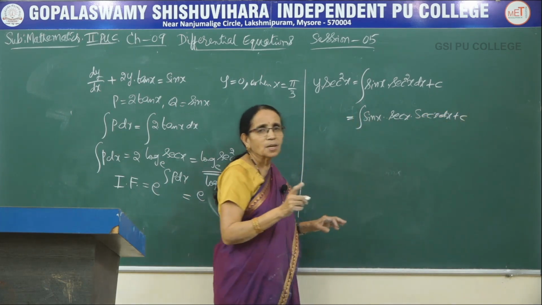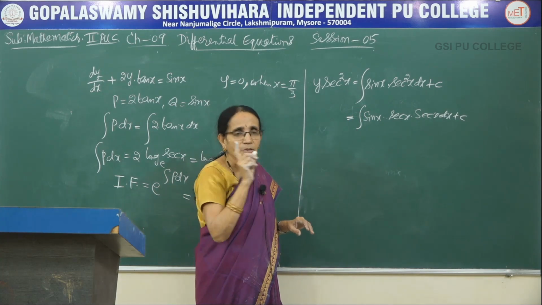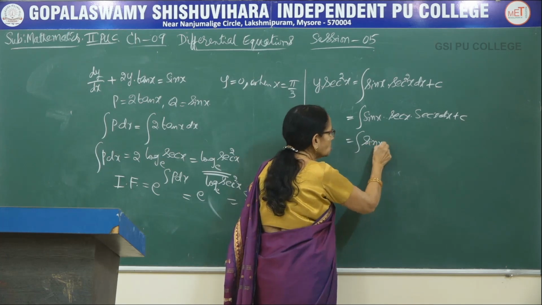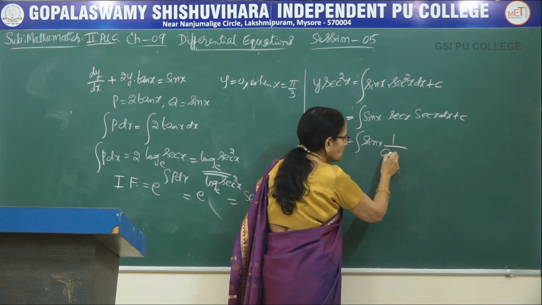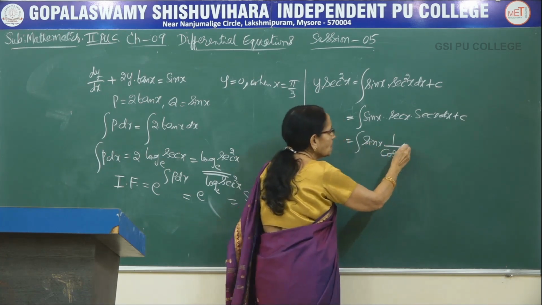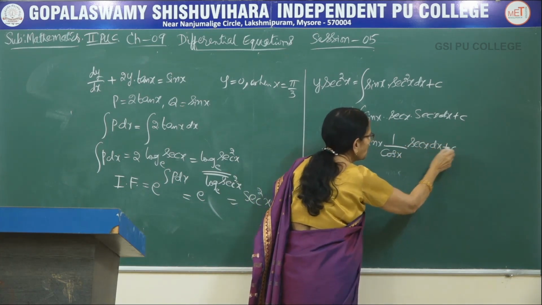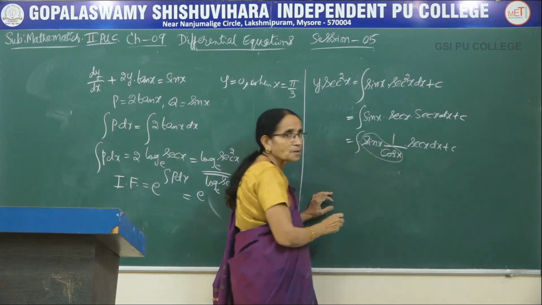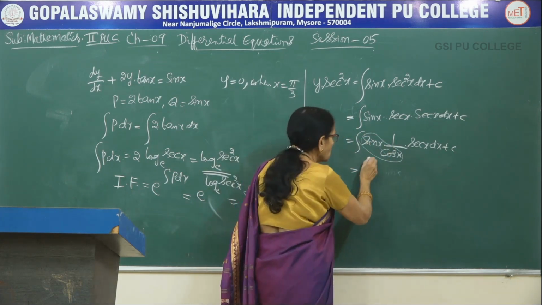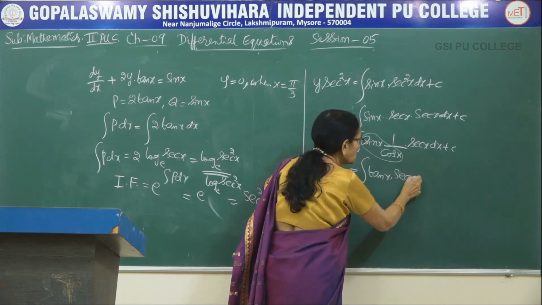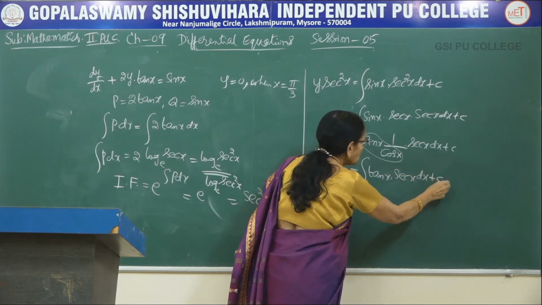You know that secant x and cos x are reciprocal ratios. That means sin x into secant x, we write as 1 by cos x into secant x into dx plus c. What is sin x by cos x? It is tan x. So integral tan x into secant x into dx plus c.